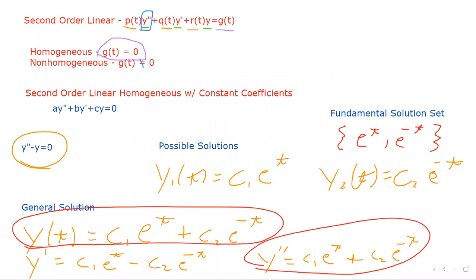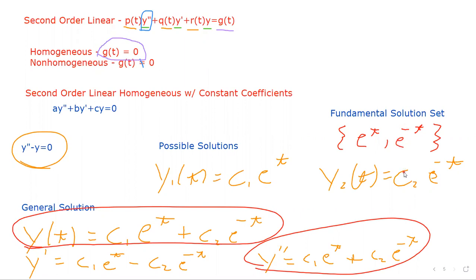Now, it's going to be some linear combination of these two. And we can multiply some numbers in front, and we're not sure. But here are the main functions that we're dealing with.